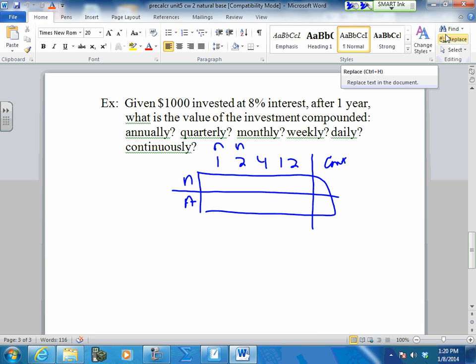This is your N. Your P is 2,500. Your rate is 2%. Your time is 10. But what they want you to do is to go through this chart and calculate just like we did before, changing your N.